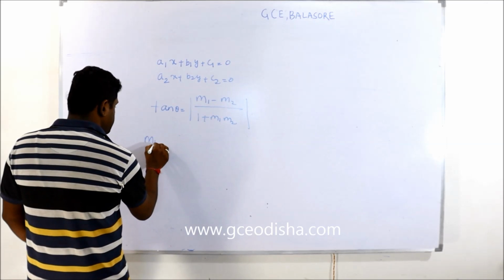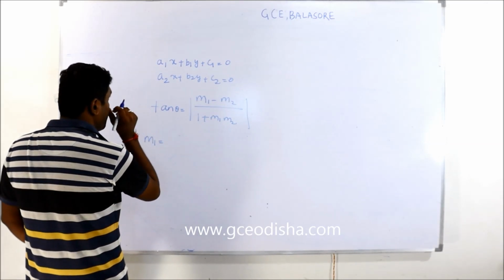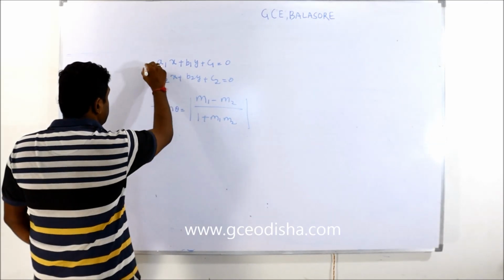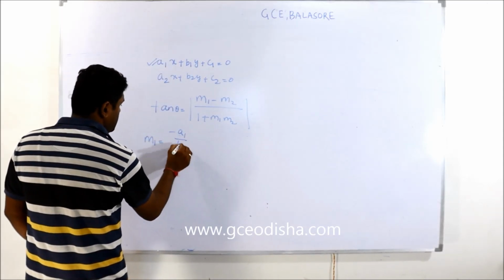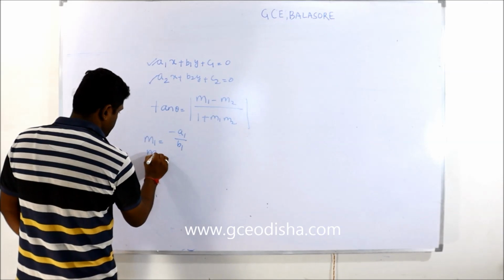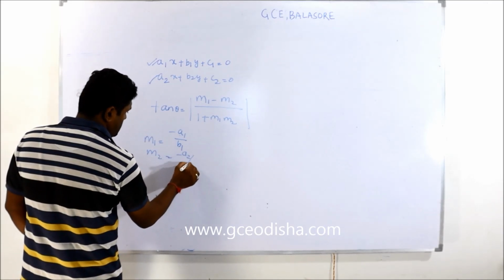Then how much is m1? m1 is the slope of this line, minus a1 by b1, and the slope of this line, m2, is minus a2 by b2.